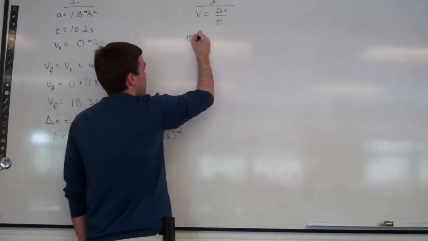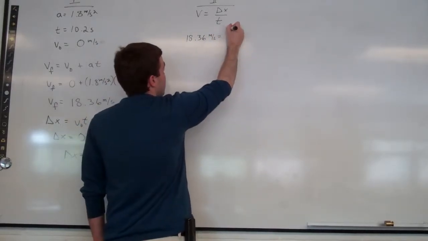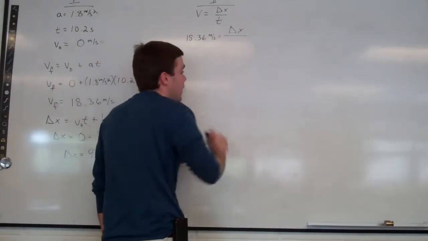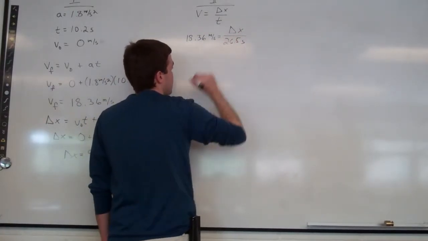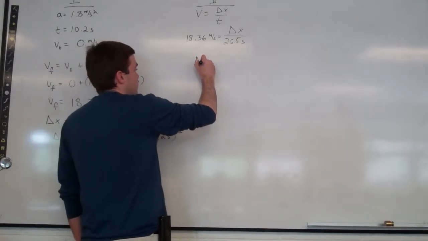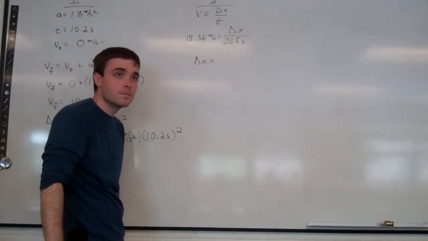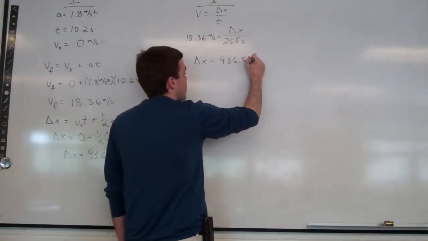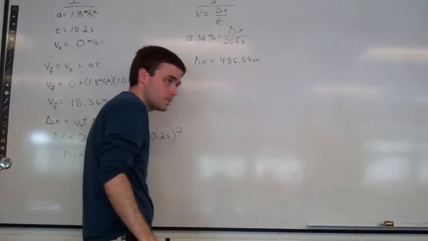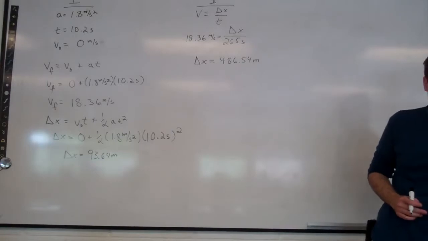So 18.36 meters per second equals delta x over t, and delta x is what we're looking for. What's our time for that? 26.5 seconds. So what does delta x equal? 486.54 meters. Any questions on part 2?